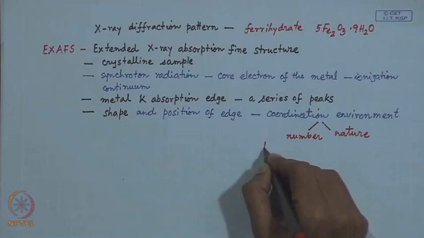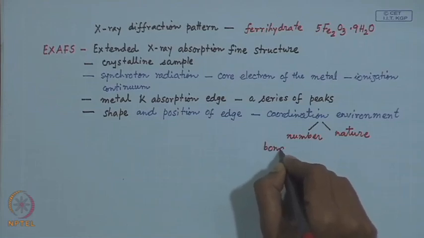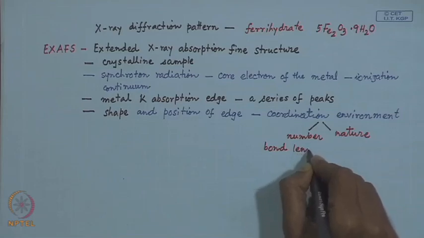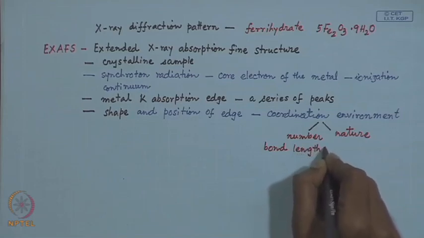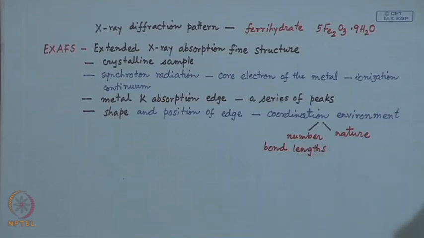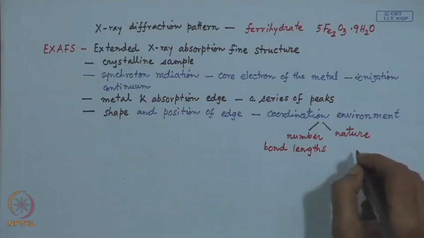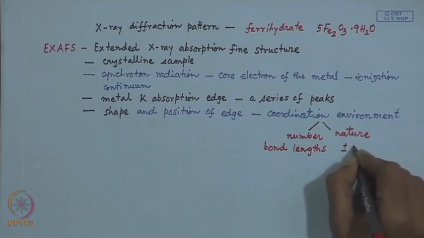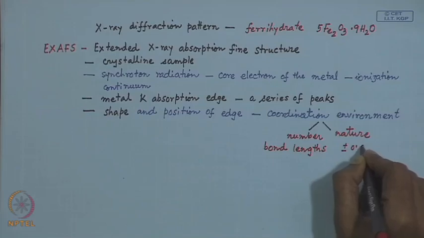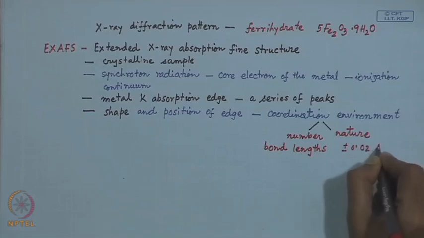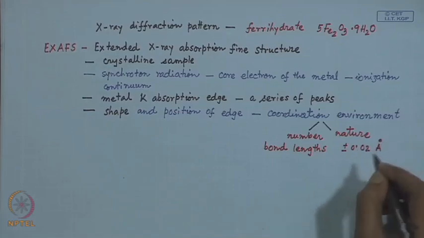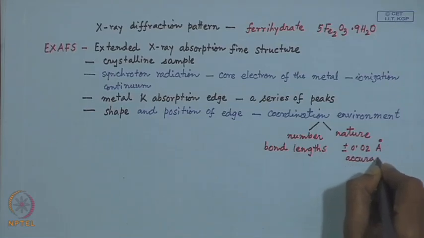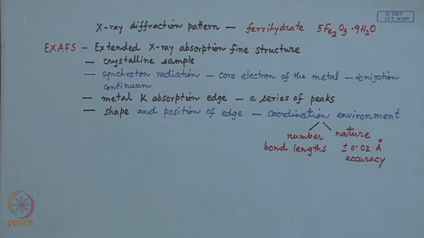At the same time, that also gives us the bond lengths, and bond length determination is pretty accurate, with a deviation of plus minus 0.02 angstrom.